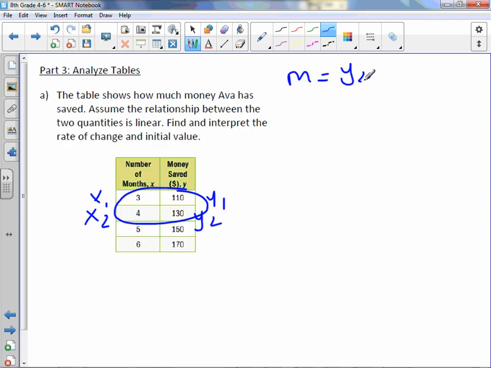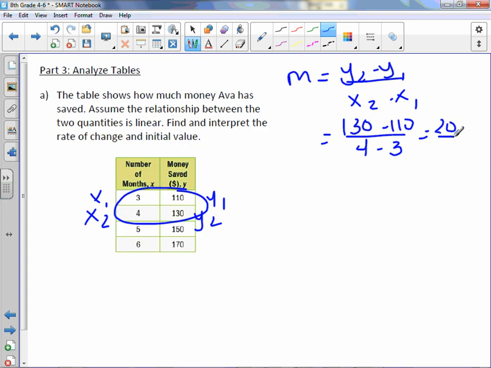Slope is y2 minus y1 over x2 minus x1. 130 minus 110 over 4 minus 3, which is 20 over 1, or just 20.